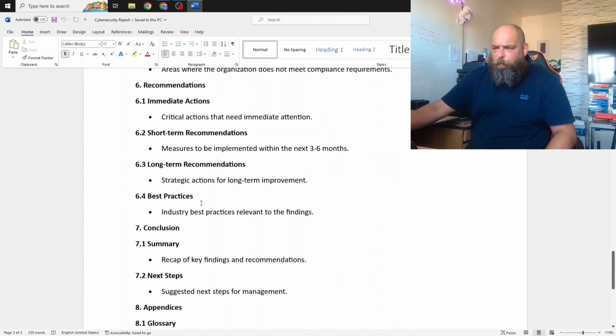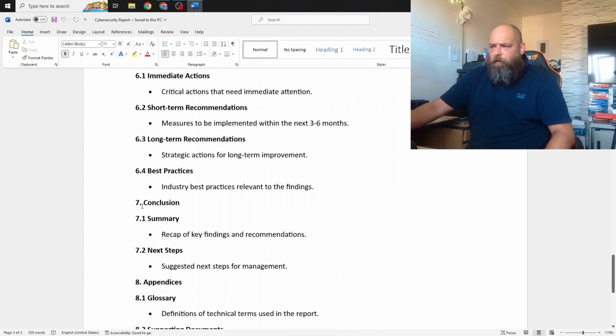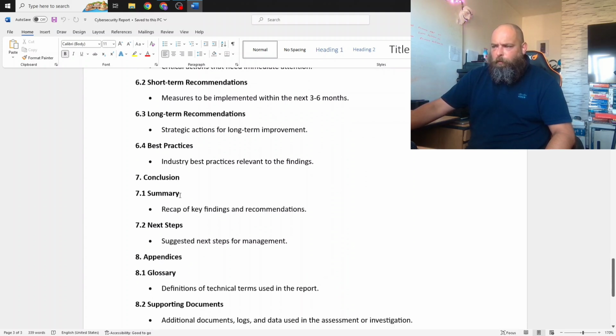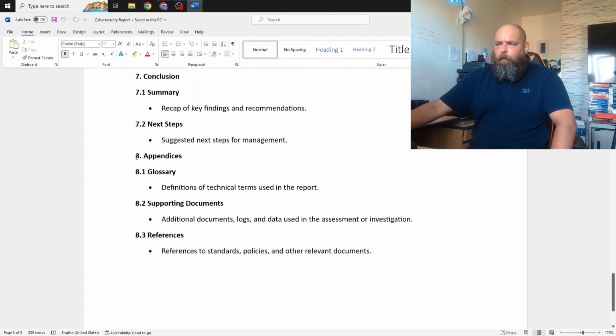6.4 leads us to best practices, so industry best practices relevant to the findings. 7 is a conclusion, 7.1 is a summary of all of the above, so the key findings and recommendations. 7.2 sees us with next steps, suggested next steps for management. Section 8 is the appendices.